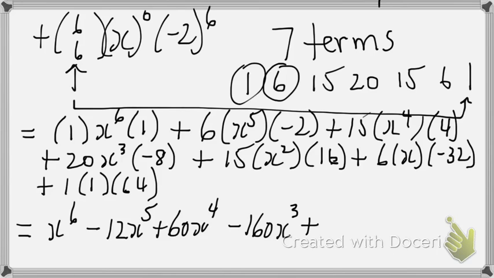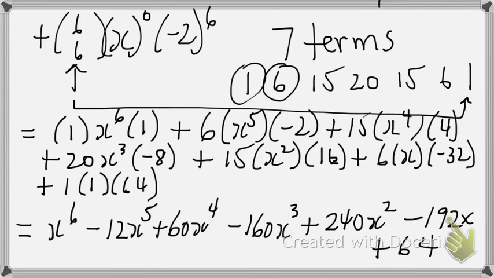Let me get my trusty calculator out. 15 times 16, I get 240 x squared, minus 192x plus 64.